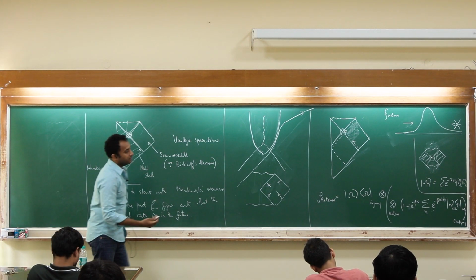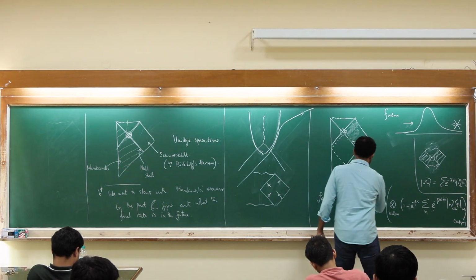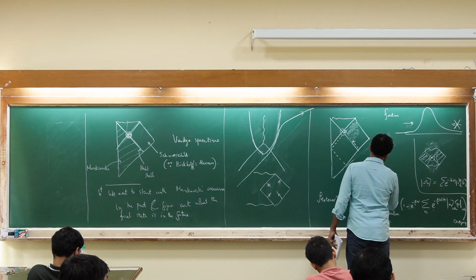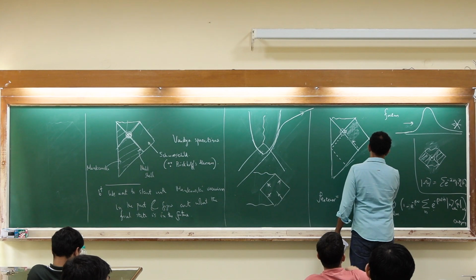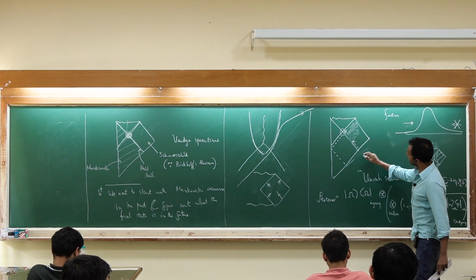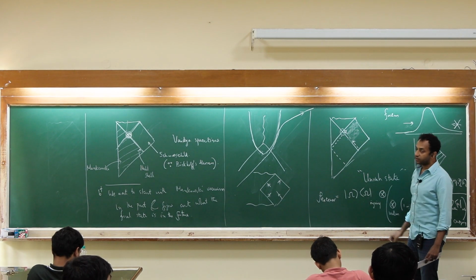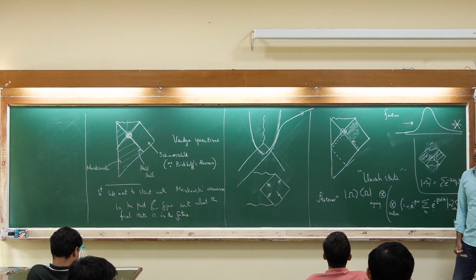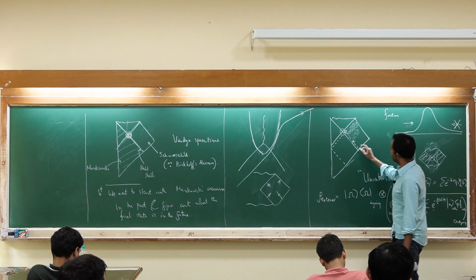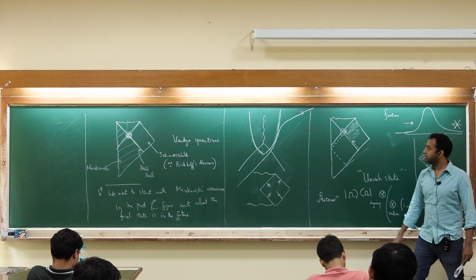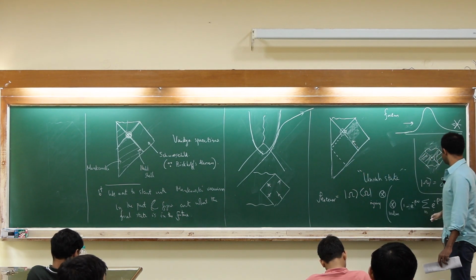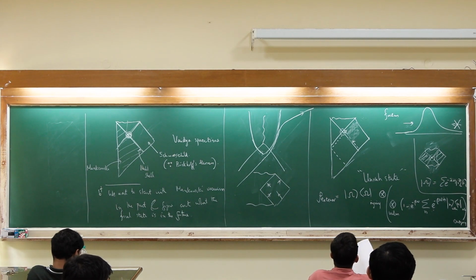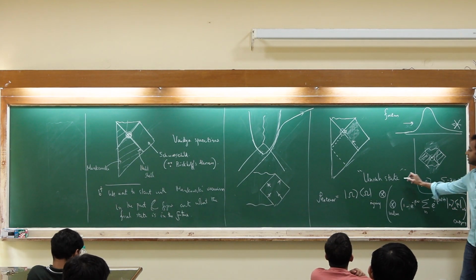And this state, for obvious reasons, is called the Unruh state. So what we are essentially doing is assuming that this is a vacuum state for a collapsing black hole, collapsing matter in a black hole. The assumption is that the ingoing states are in the vacuum, but the outgoing states are in this thermal state. That state is what is called the Unruh state.